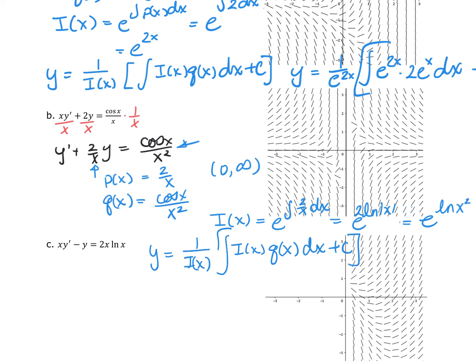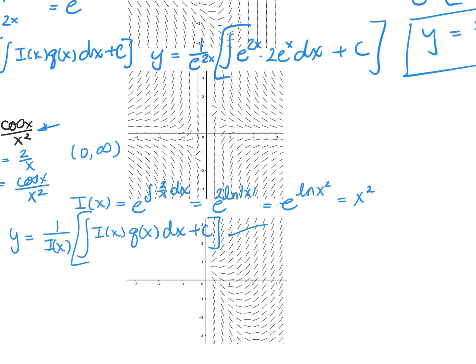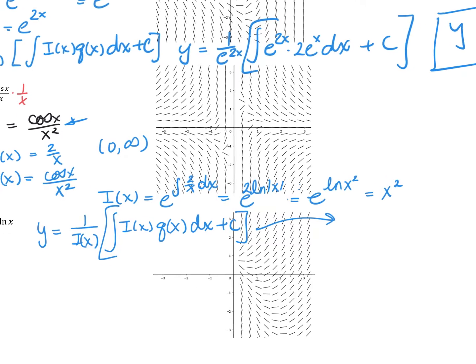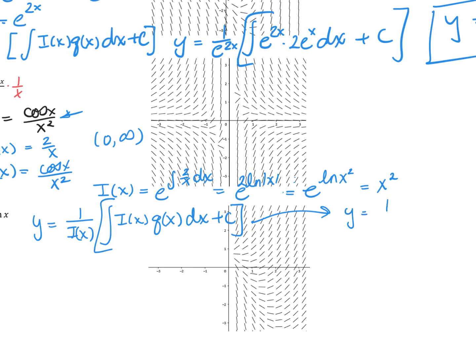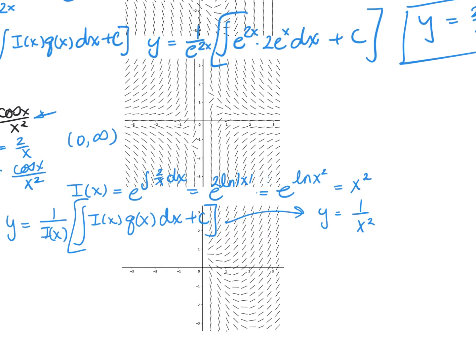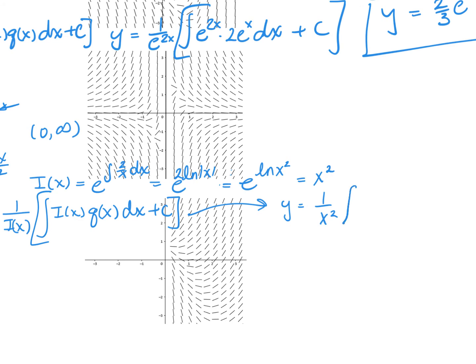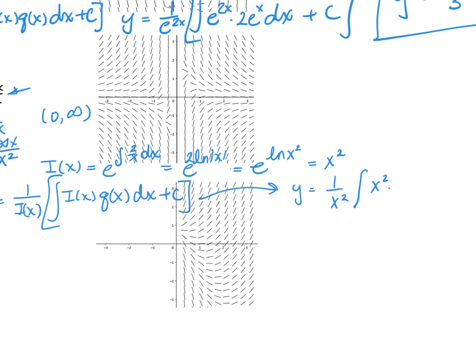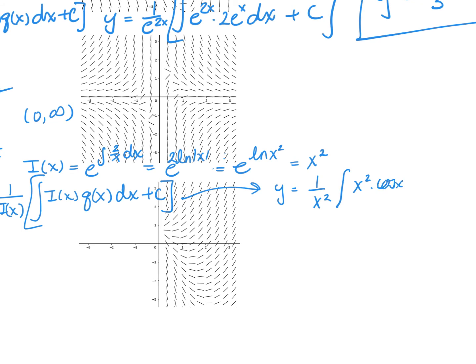Don't forget my parentheses here. That tells me that my y is going to be 1 over x squared, integrating x squared multiplied by, and I had cosine of x over x squared dx plus c.